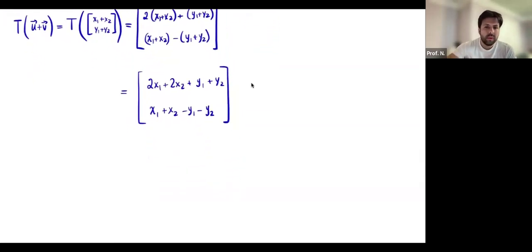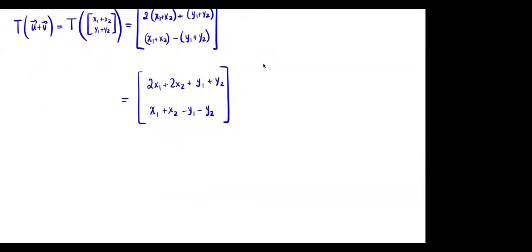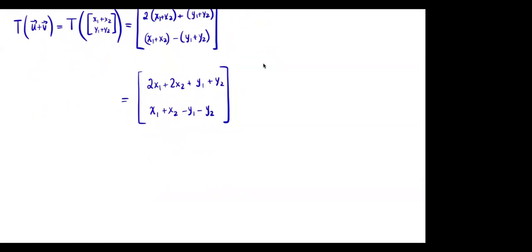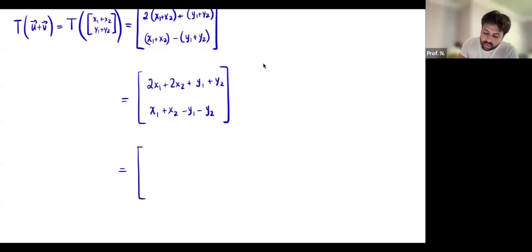Now, do you see where I'm going with this? What's next? Where can I go from here? I want to separate that. How do I separate it though? By 2x1 plus y1, and 2x2 plus y2.